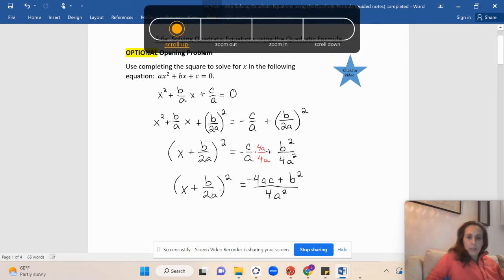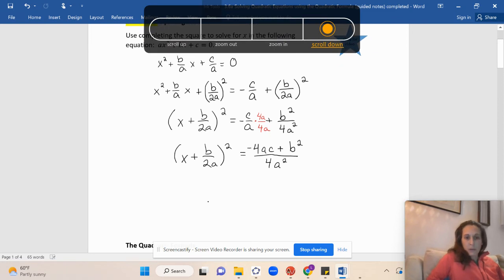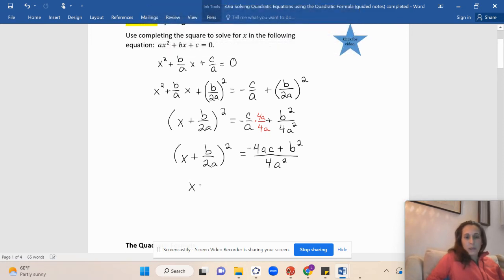And now we are ready to take the square root of both sides. And so we have x plus b over 2a is equal to positive or negative the square root of the right-hand side. Those of you familiar with the quadratic formula, in the numerator we usually write b squared first and the minus 4ac second, over 4a squared.